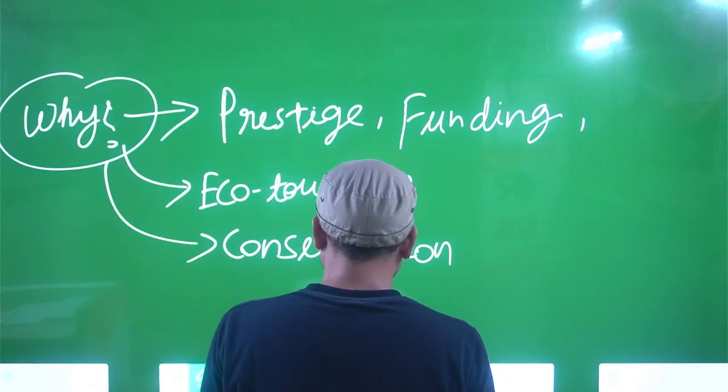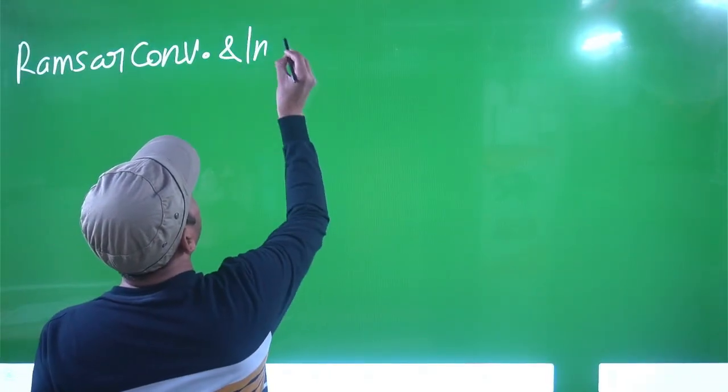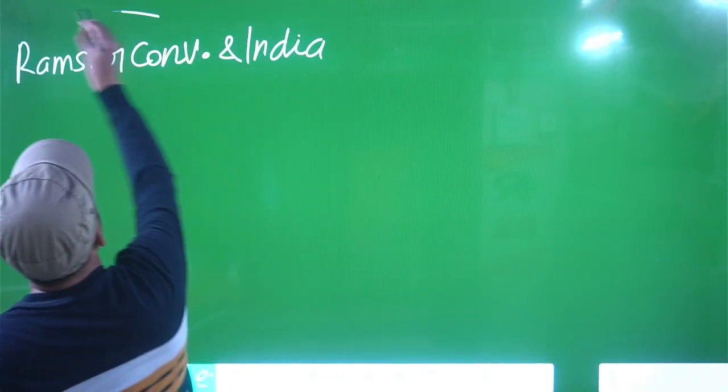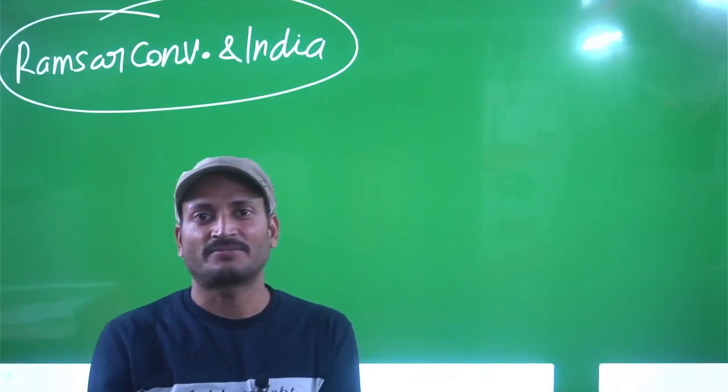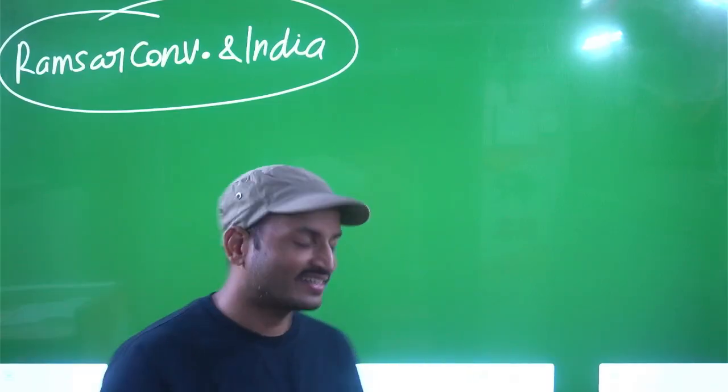Now, the next and the last important thing with respect to the Ramsar Convention is the Ramsar Convention and India. What is the relationship between India and the Ramsar Convention? Is India party to the convention? Yes.